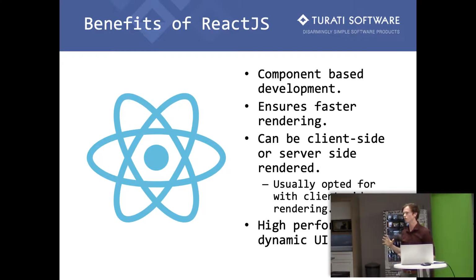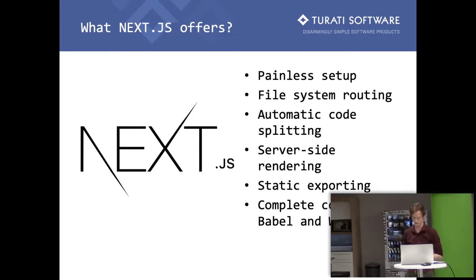It's usually opted for client-side rendering because of the independent loading that happens at the same time. If you look at Facebook, you'll see that your news feed and your chat feed will update simultaneously because they're independent, and that's the brilliance of the component-based nature.